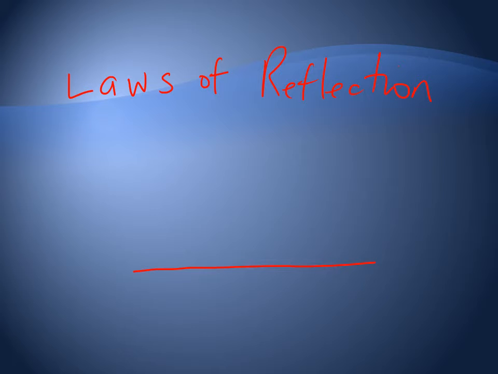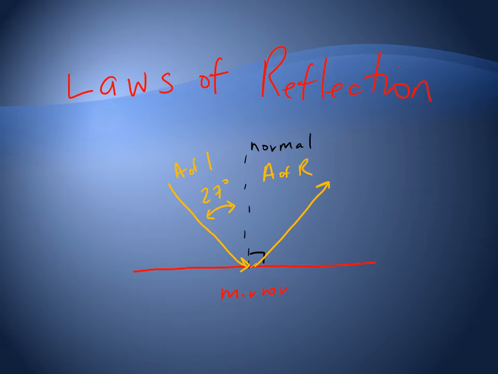Well, if I was drawing a mirror, and then I was drawing my normal line 90 degrees from that mirror, and then I had my incident ray coming in, and I had my reflected ray bouncing off. It would mean that the angle of incidence, A of I, let's say in this case it was 27 degrees, that would mean my angle of reflection is also 27 degrees.